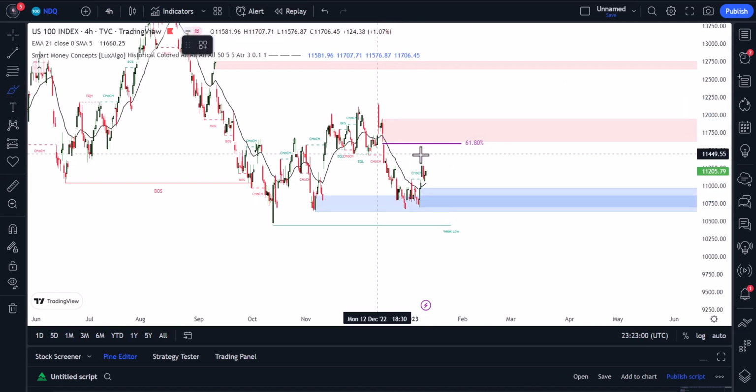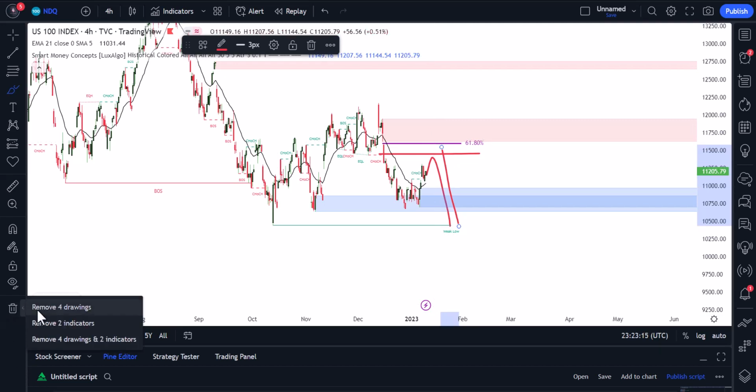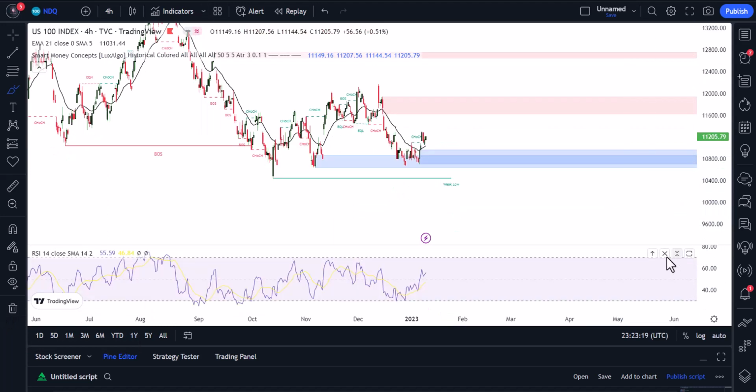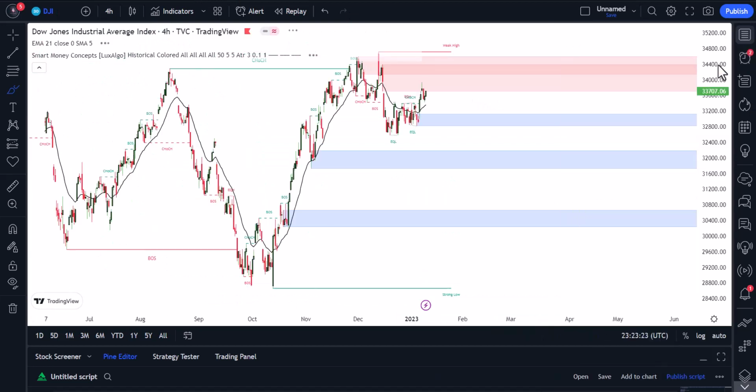Expected area is this one. Either it is going to reject from the 1137, or it is going to reject from the 11649. Alright, after that, let's discuss the Dow Jones.